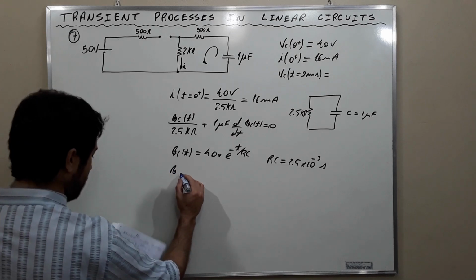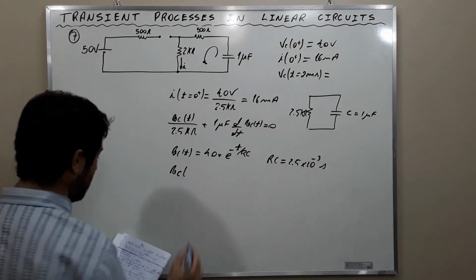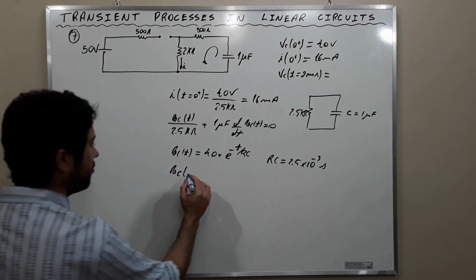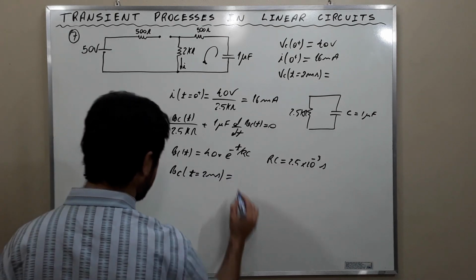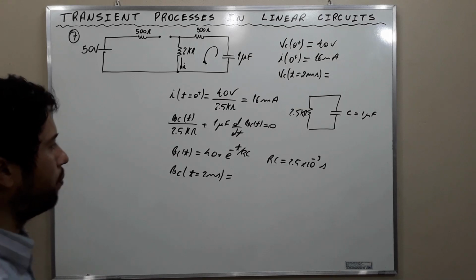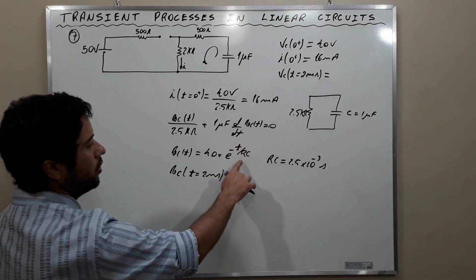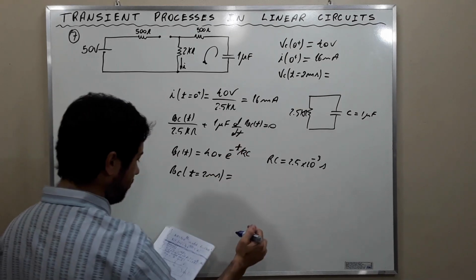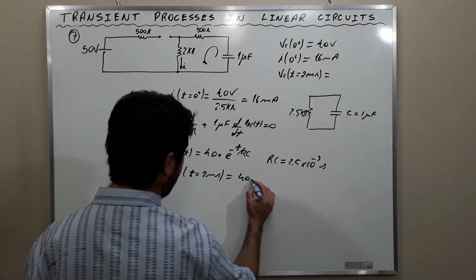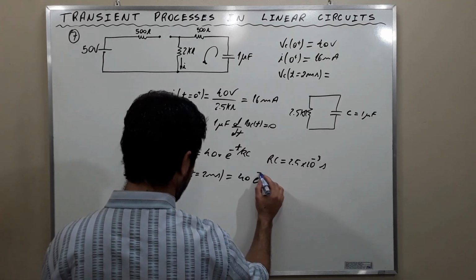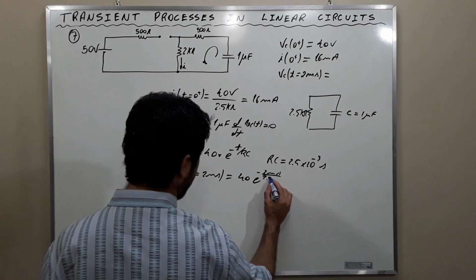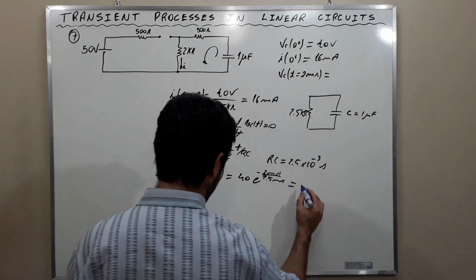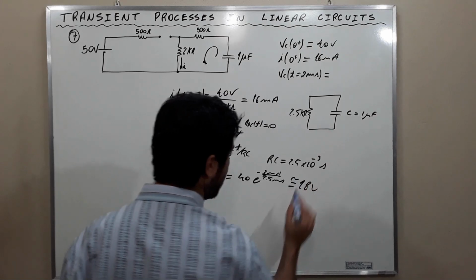We want the voltage across the capacitor at t equal to 2 milliseconds. We simply apply 2 milliseconds here, using that Rc is this. It is 40 times e raised to the power negative 2 milliseconds divided by 2.5 milliseconds. And this is 18 volts approximately.